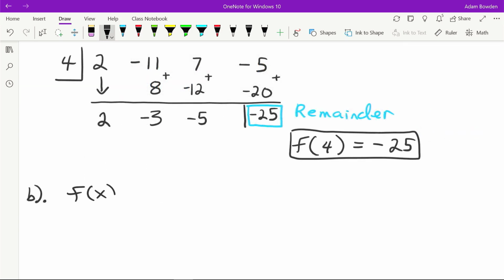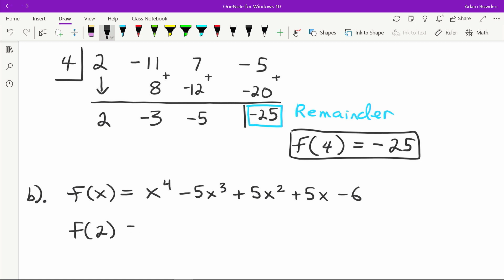Let's look at f of x is equal to x to the 4th minus 5x to the 3rd plus 5x squared plus 5x minus 6. We're going to calculate f of 2 to get the remainder from division here.